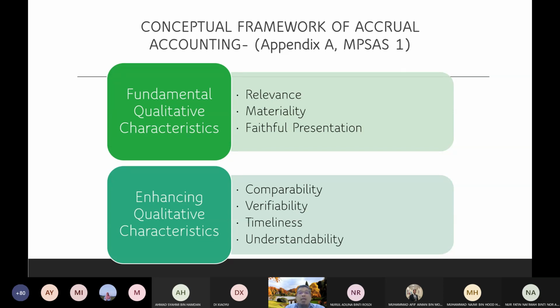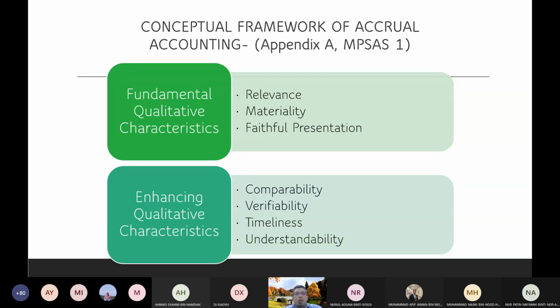By complying to the standards, I think that's the currently dominant understanding of how you exercise your professional judgment in preparing financial statements or financial information.